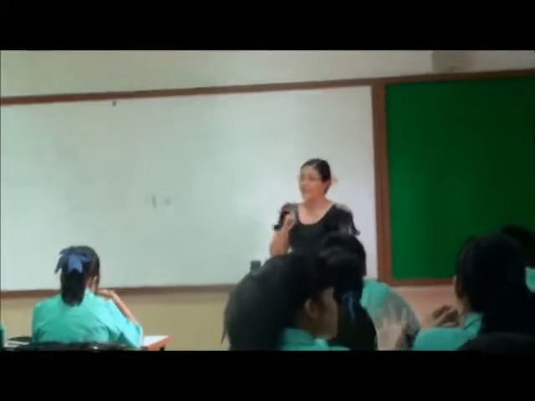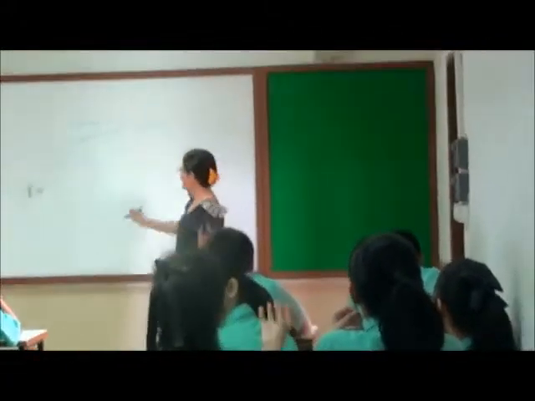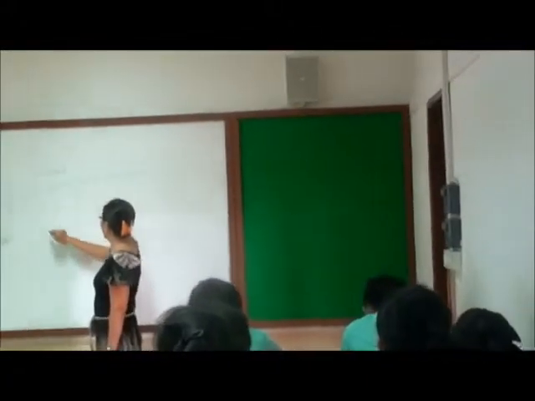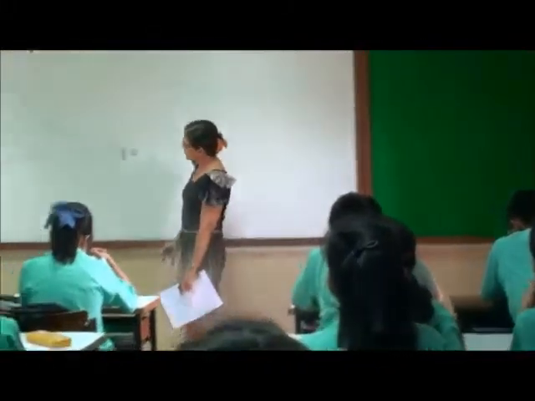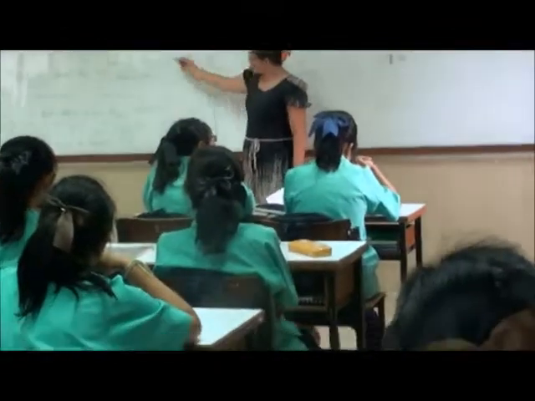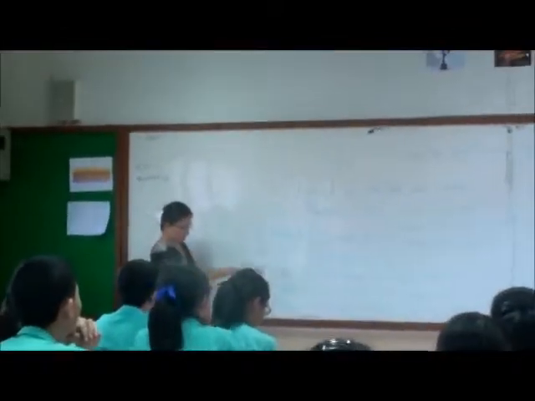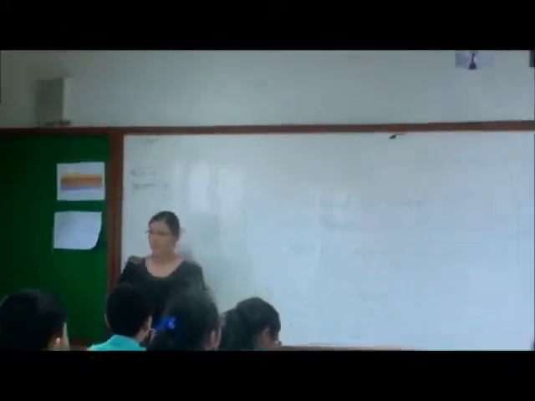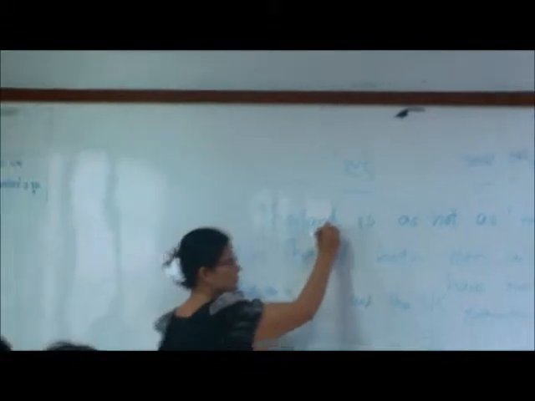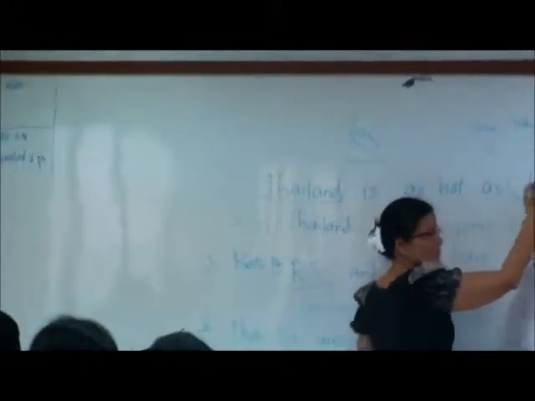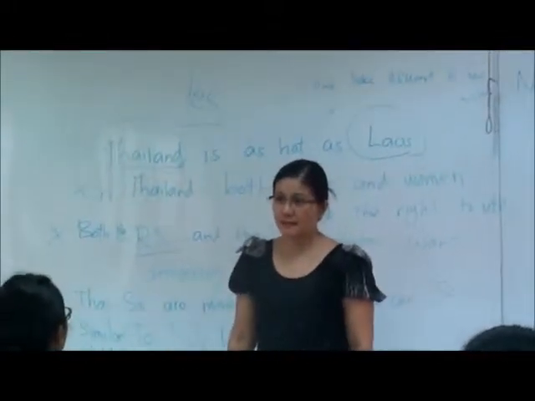The concept I have in mind, the concept I am thinking about, is comparing and contrasting. It's good. Now, if you notice the example here, I'll give you a clue. Number one, each sentence has two subjects.